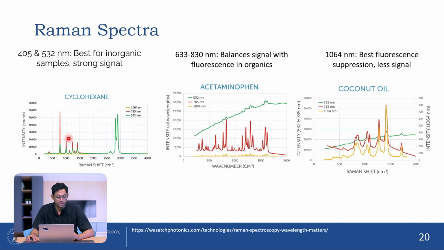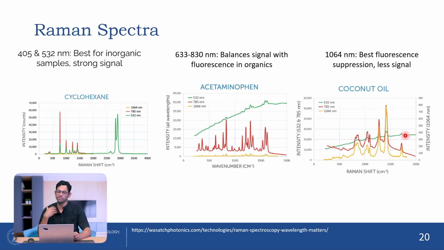Here the 532 nanometers is good to see the Raman shift at 3000 centimeter inverse, and 785 is for lower wave numbers. And over here the green light is the worst performing light source for seeing the Raman spectra.